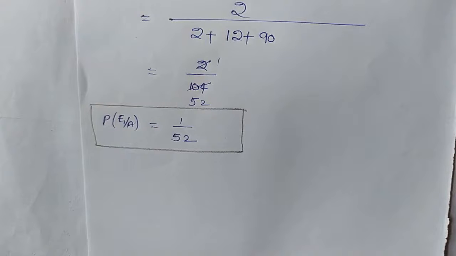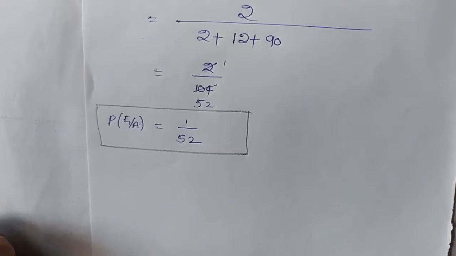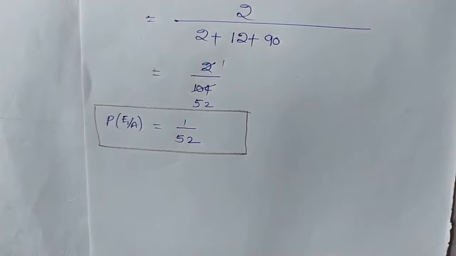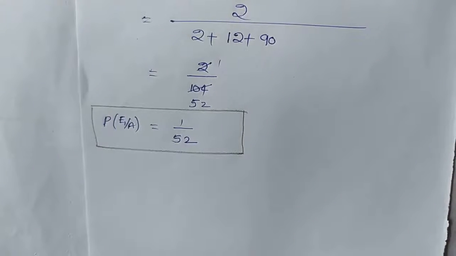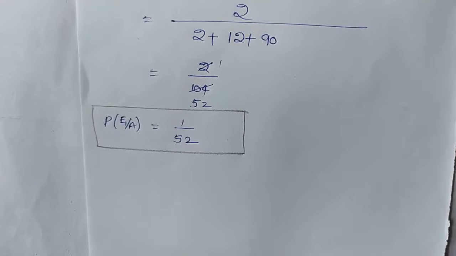Whichever topic feels easy for you, you can choose those topics. If you feel probability is tough for you, you can leave the topic. So you choose the topic whatever is easy for you.